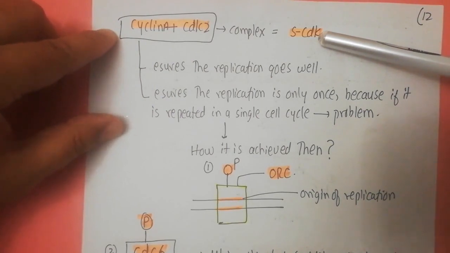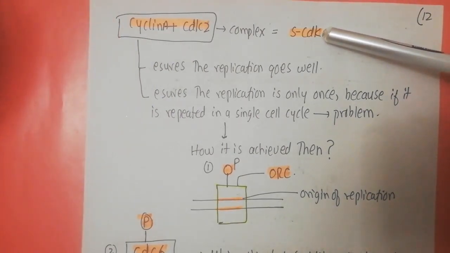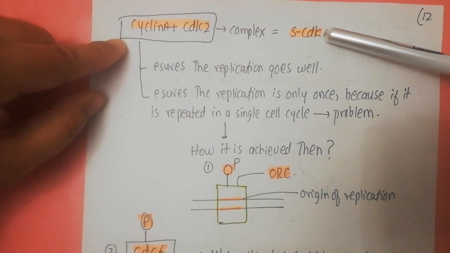So far we have discussed three types of CDK. The complex of cyclin D and CDK4 we call the G1 CDK. The complex of cyclin E and CDK2 was known as the G1-S CDK. And now we have the S-CDK, which is the complex of cyclin A and CDK2.